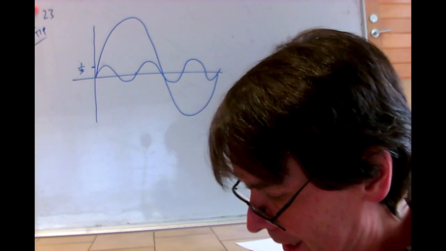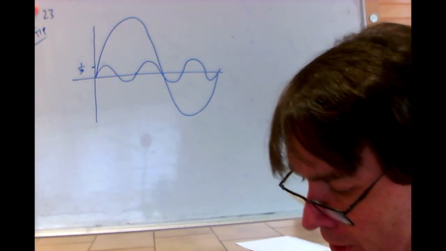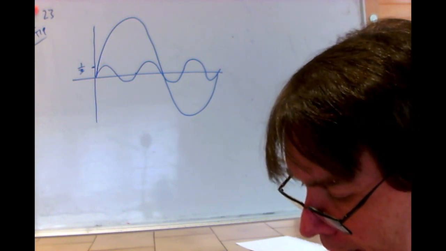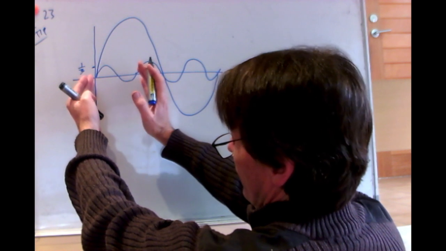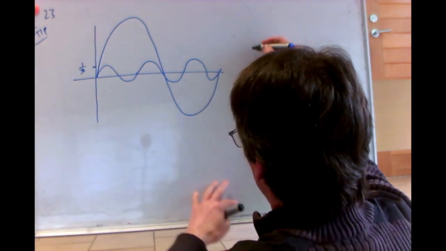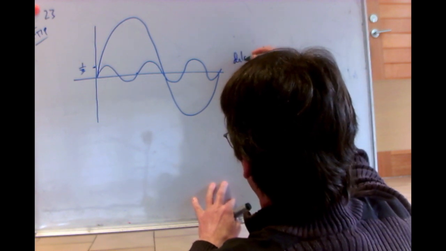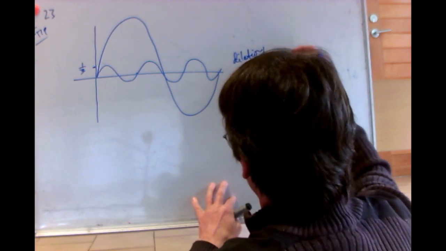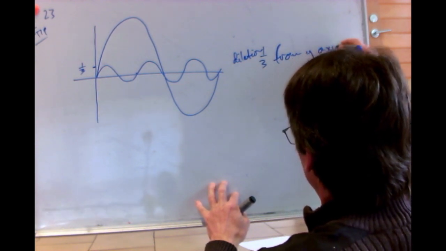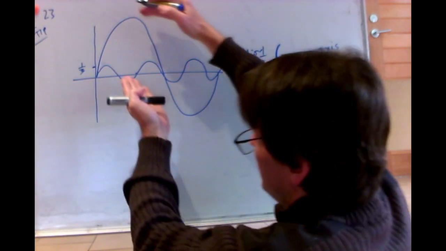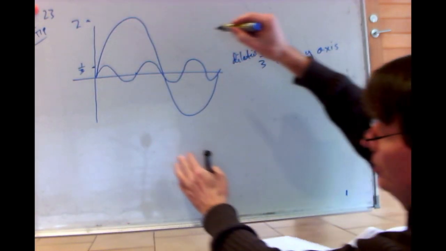So in part C, where it talks about the transformation is just dilations, isn't it? So it's going from here, squashing down to 1/3 of that, so that's going to be dilation 1/3 from y-axis, and this one is squashing that one, and it's going from 2 down to 1/3.